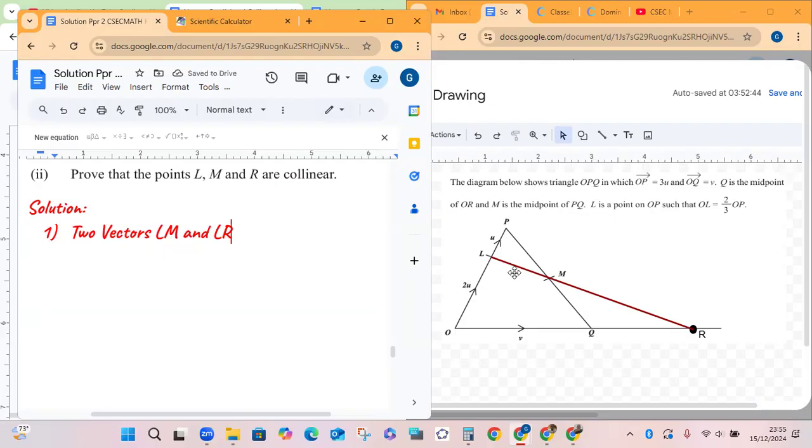As you can see, LM and LR have a point in common, which is L. So we are halfway there already in our proof.